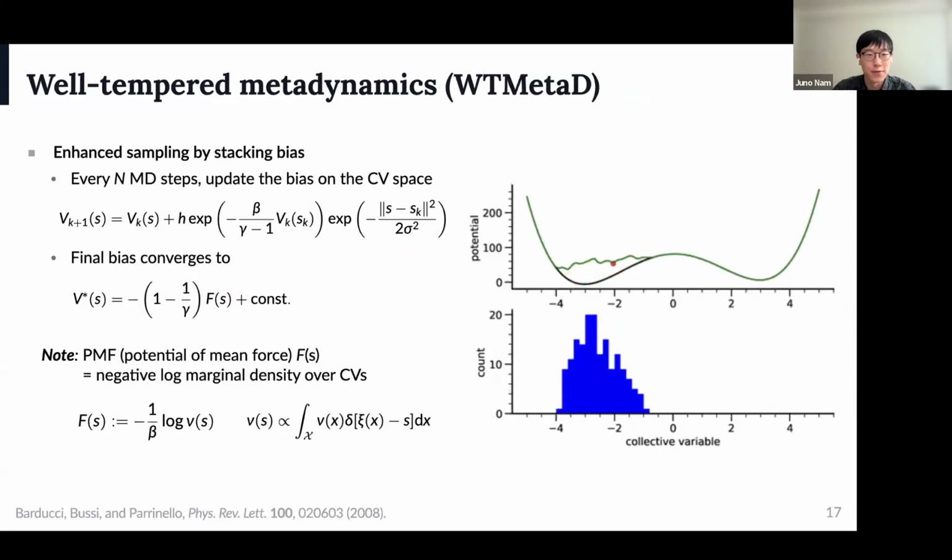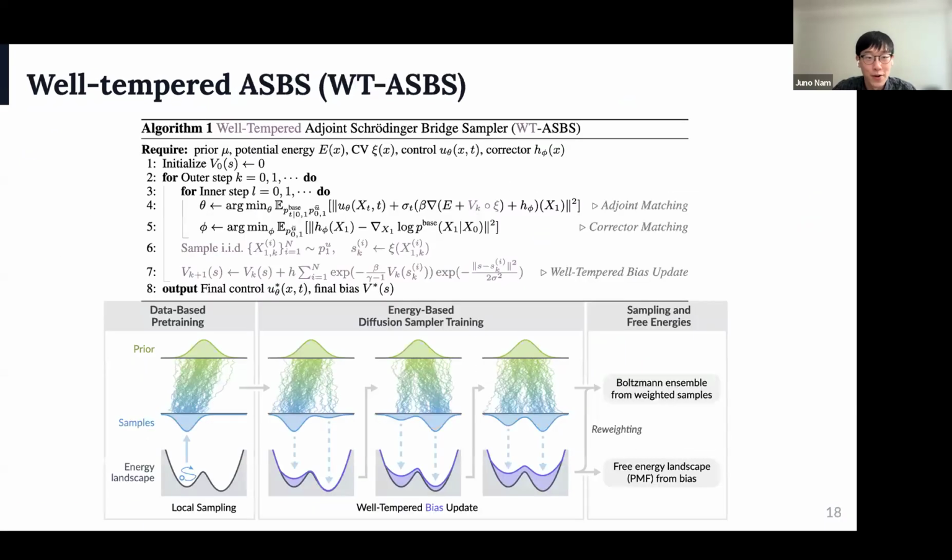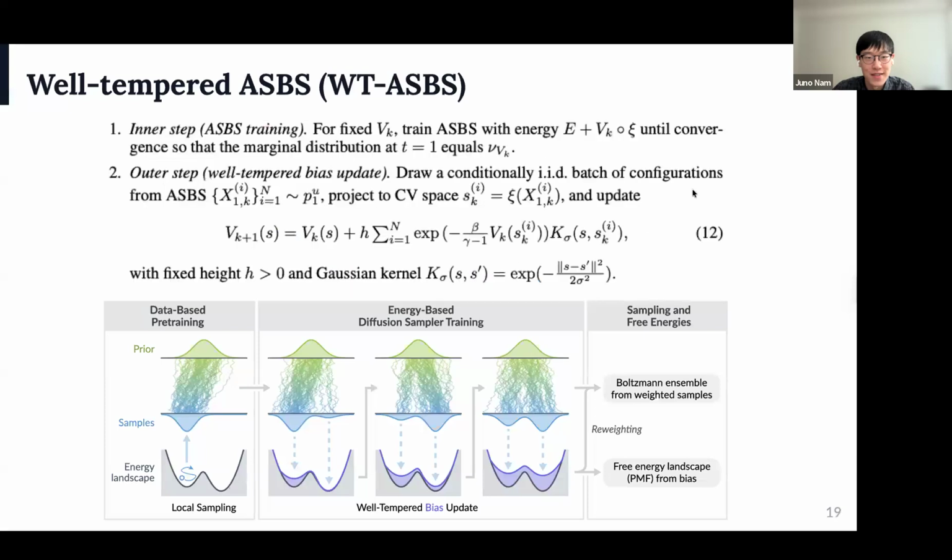Since we have introduced well-tempered metadynamics, we will now combine this into the diffusion sampler ASBS and construct well-tempered ASBS. We keep the inner loop of the ASBS training: for a fixed current bias, we train the diffusion sampler with the energy function given by the base energy plus the bias potential, until the diffusion sampler converges.